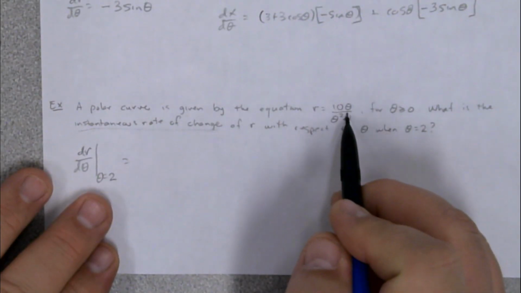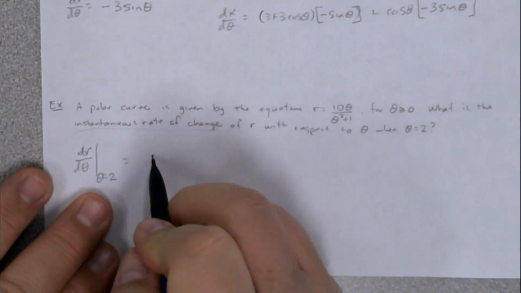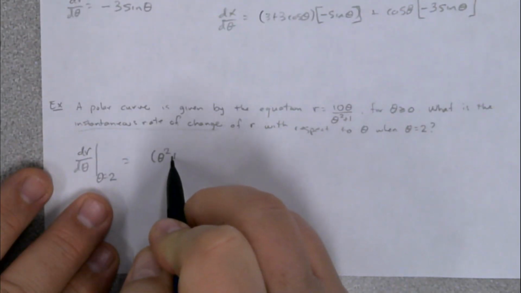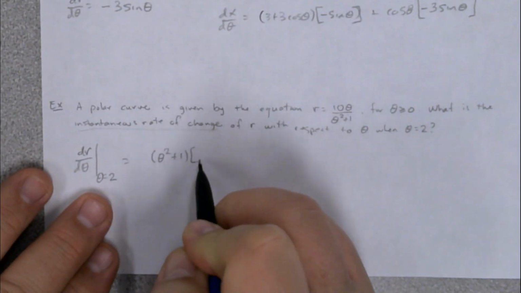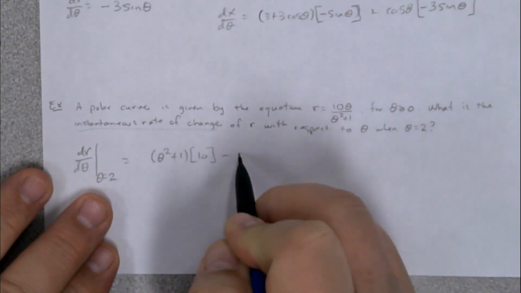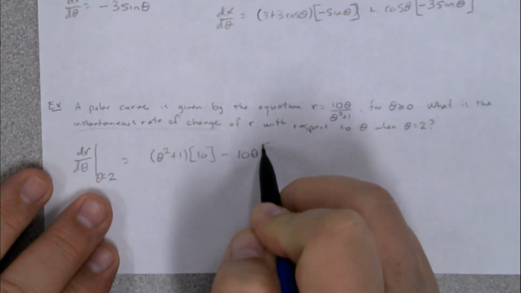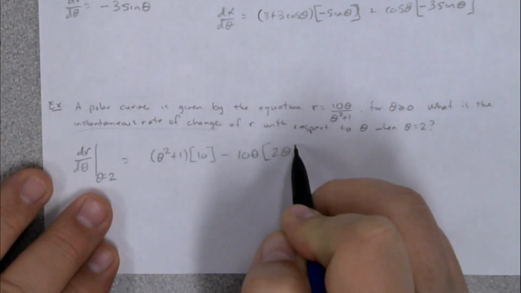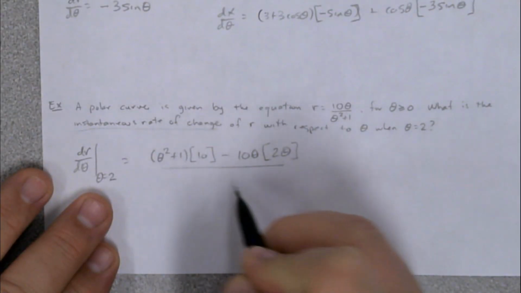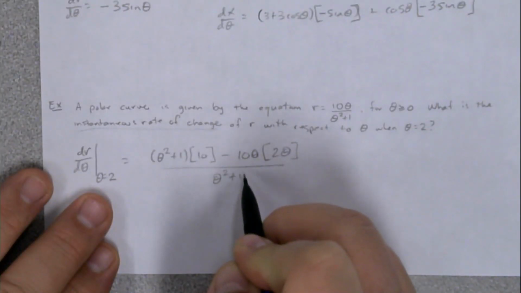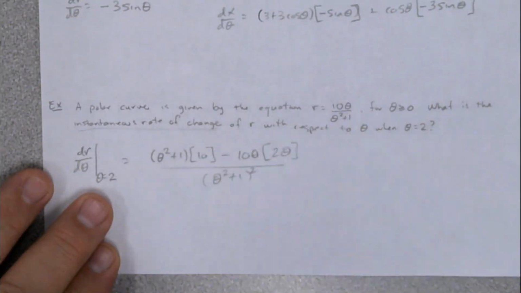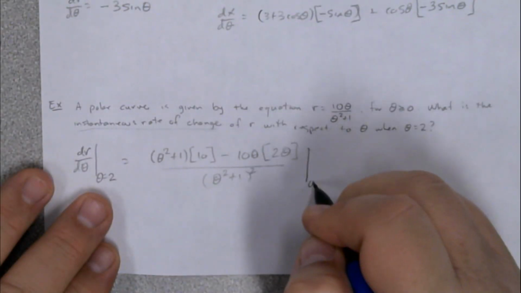So let's take the derivative of this. It's the quotient rule. So the bottom times the derivative of the top minus the top times the derivative of the bottom, all over the bottom squared. And we want to evaluate that when theta equals 2.